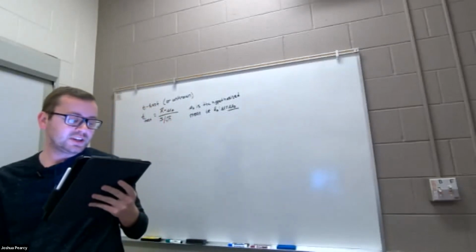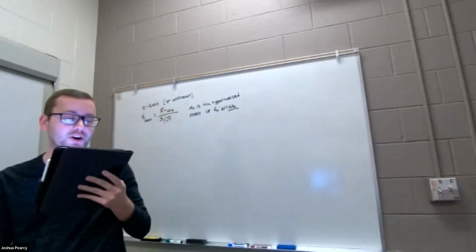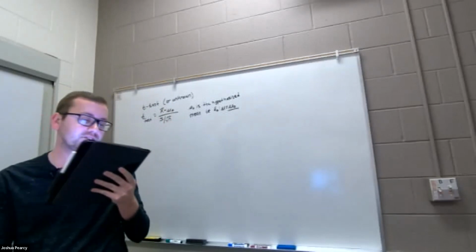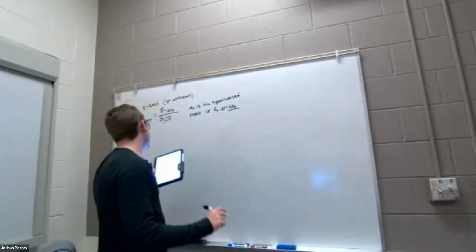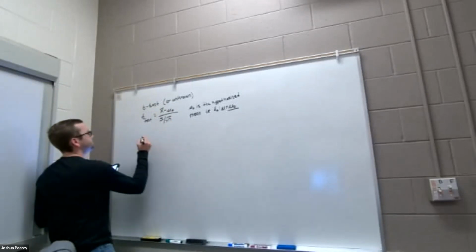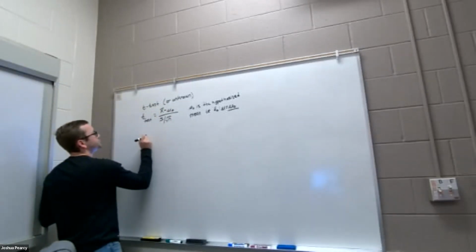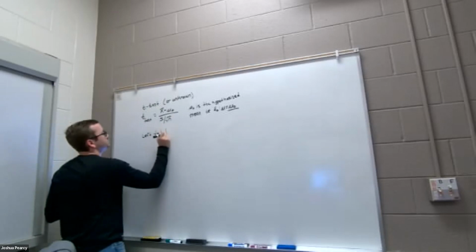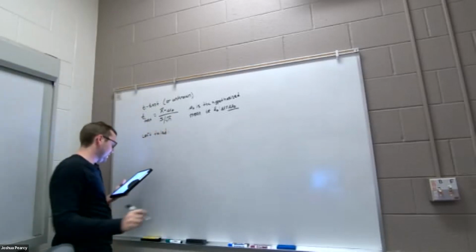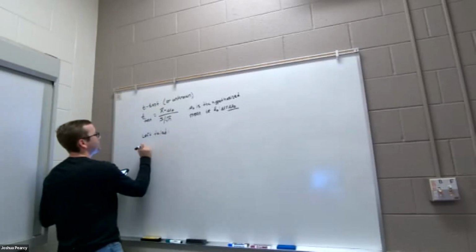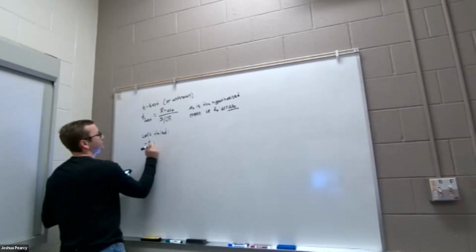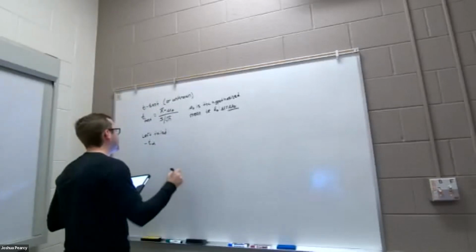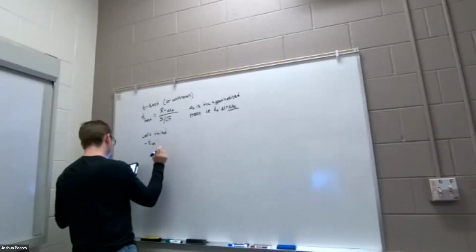Finding the critical values for the t-test is a little bit easier than for the z-test. We'll talk about a left-tailed test first. The critical value, we're going to call it negative t alpha. And how do you find it? You go in the table.